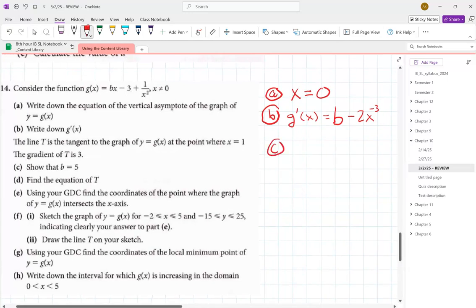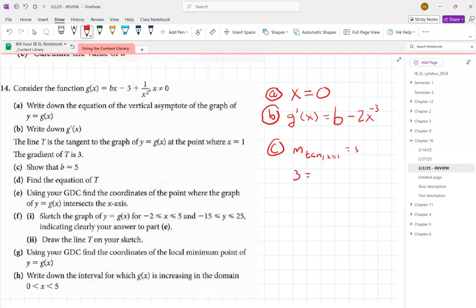Part C says the line T is tangent to the graph at the point where x is equal to 1. The gradient of T is 3. Show that b is equal to 5. So it tells you that the derivative at x equals 1 is 3.